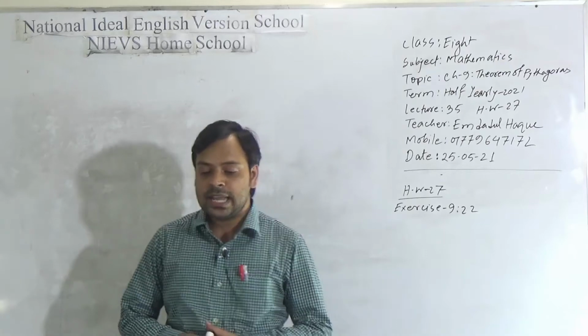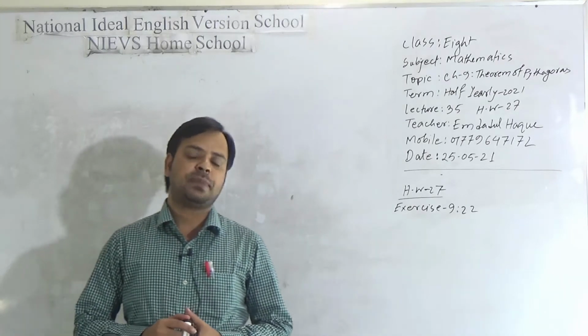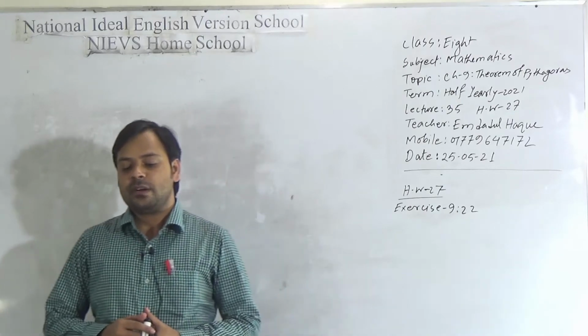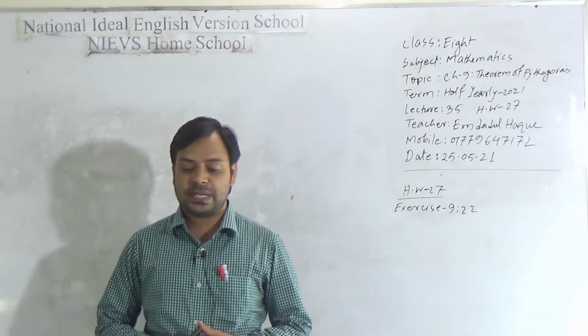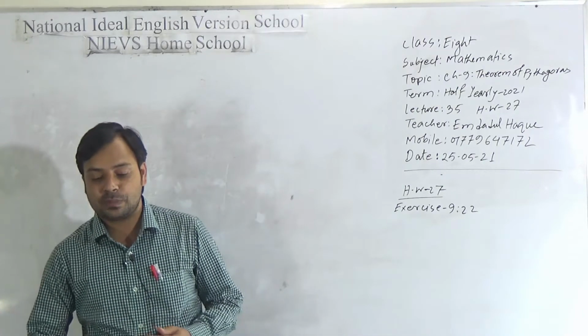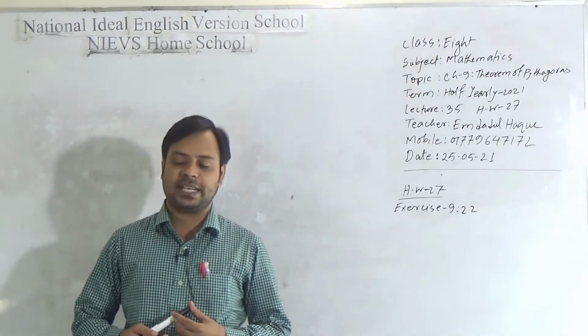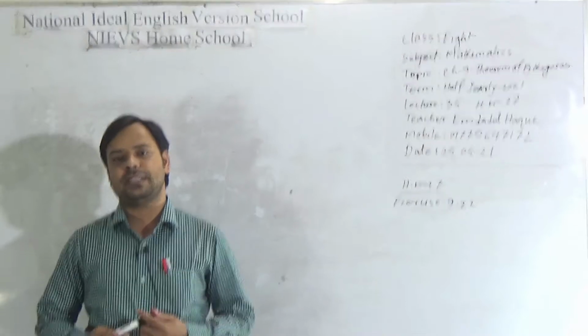Dear students, in 6th century BC, means before Christ, Greek philosopher Pythagoras discovered a special property of right angled triangle. This property of right angled triangle is known as Pythagorean property.